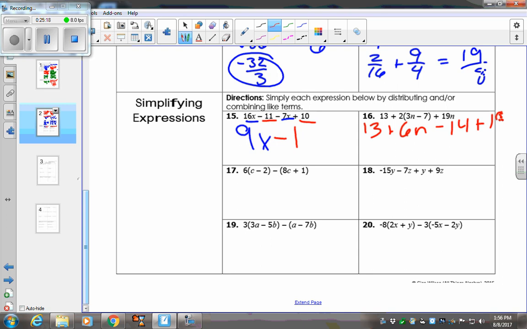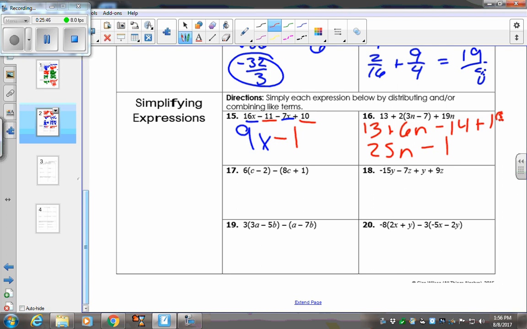That's 19n, guys. It's frustrating. So combine my n's. 6 plus 19 gives me 25n minus what? 1. Okay.